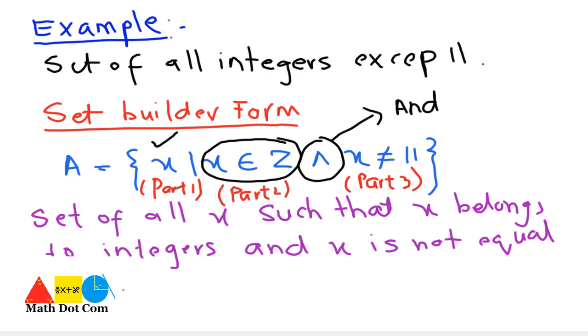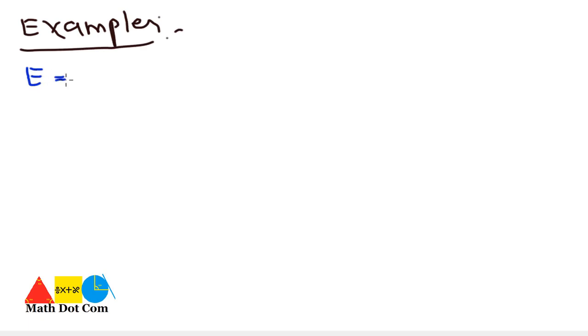Now we will see a few more examples. Let's have an example of a finite set. Let E be a set of even numbers. It means you can represent any set in terms of set builder form.